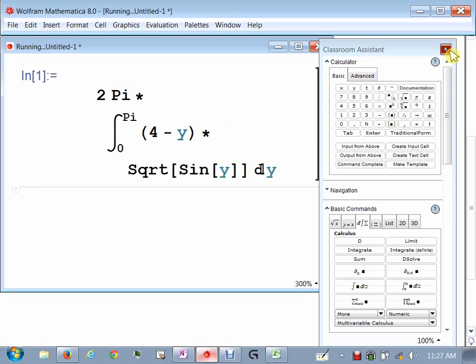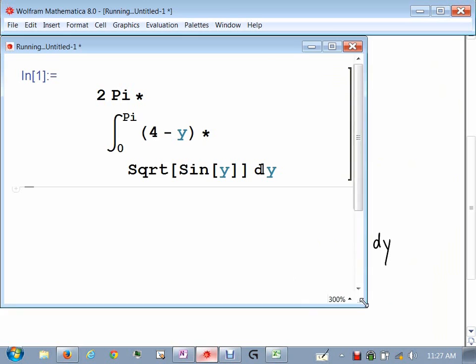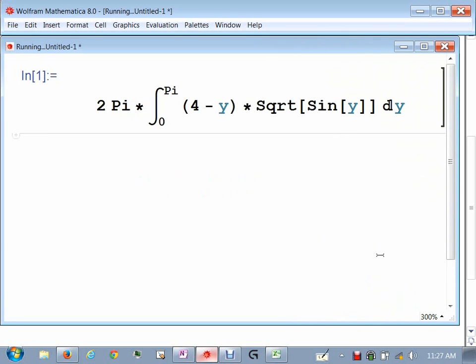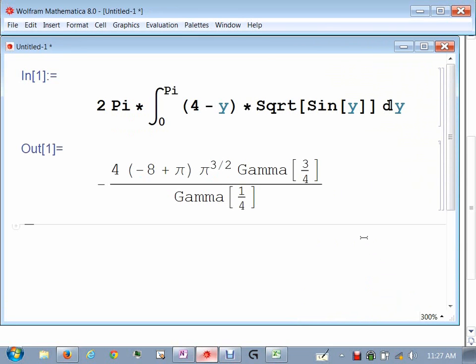It's thinking. It's still thinking. Interesting. Gamma functions.